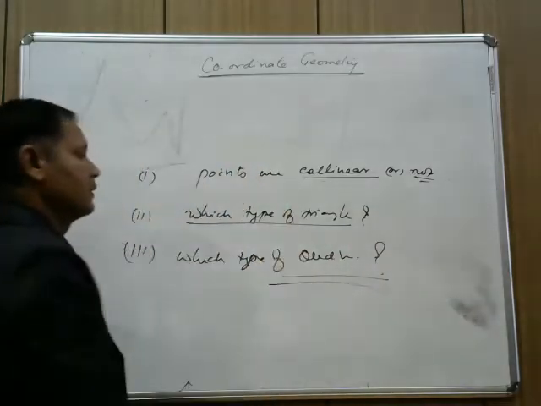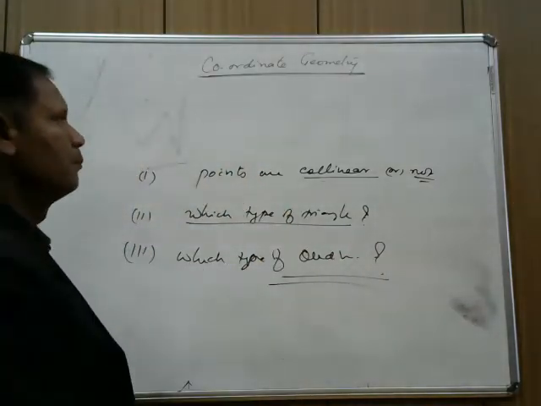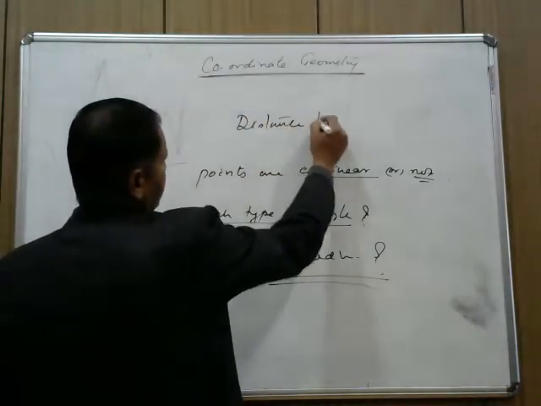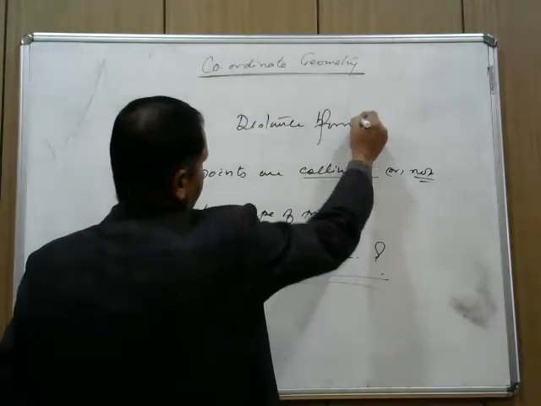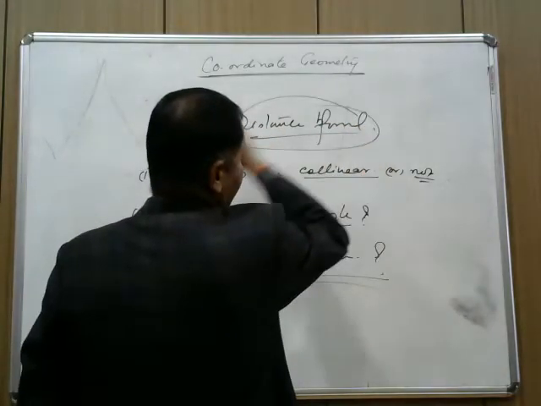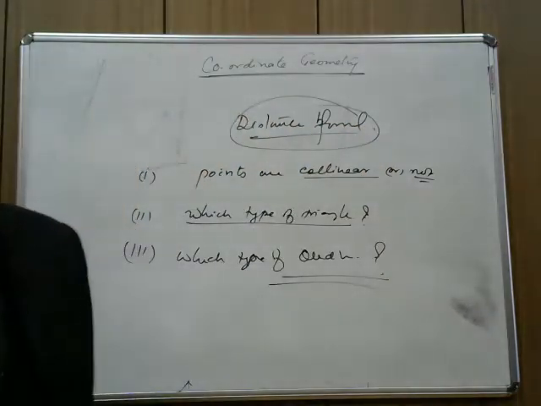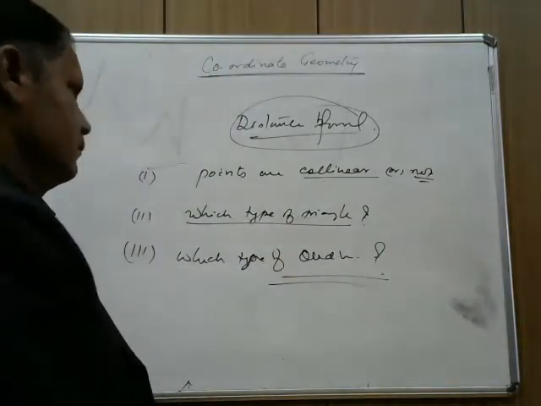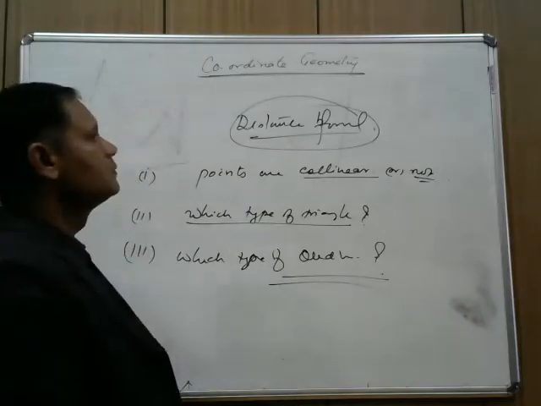All these are based simply on the distance formula, and that's why it is very, very important to remember the distance formula between any 2 points of coordinate geometry, right? On the basis of that we can find out further.